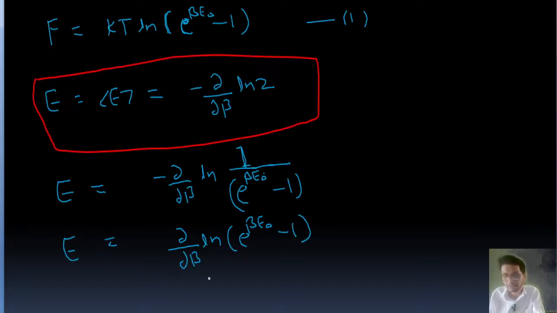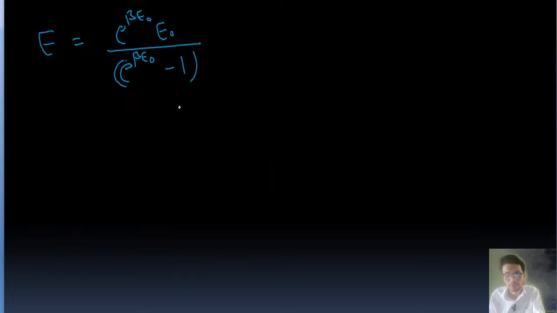How? It's simple differentiation, guys. Derivative of log t is 1 upon t, so 1 upon e to the power beta e naught minus 1, and then the differentiation of e to the power beta e naught gives e naught e to the power beta e naught. This is the average energy we have got.